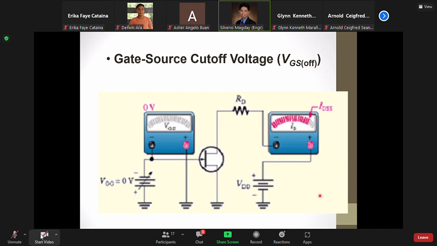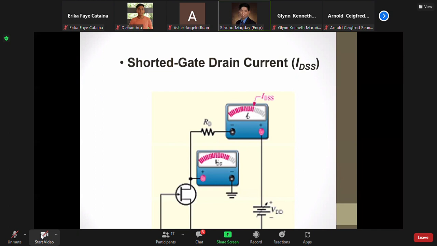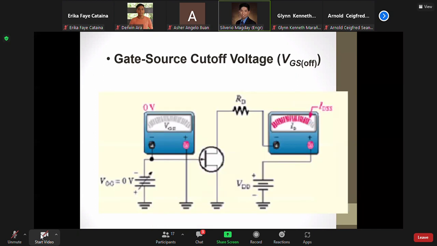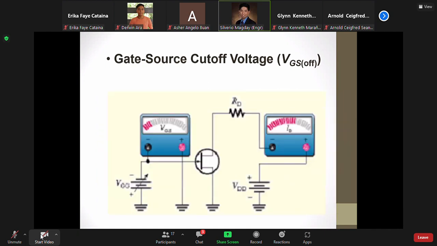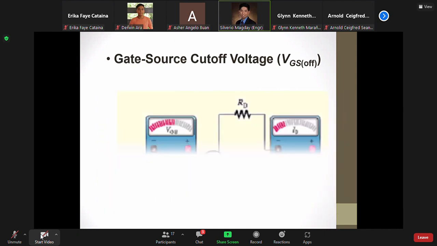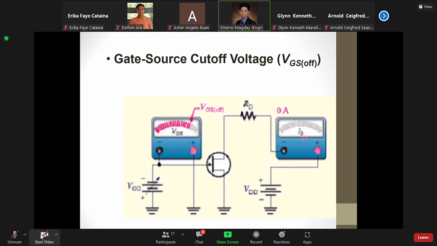So when your VGS is equal to your VGS off, the depletion region, just like in the images kanina, the depletion region in the brown color around the gate closes, resulting in your ID equal to 0. Kumbaga, it reaches your VGS off at a maximum value.